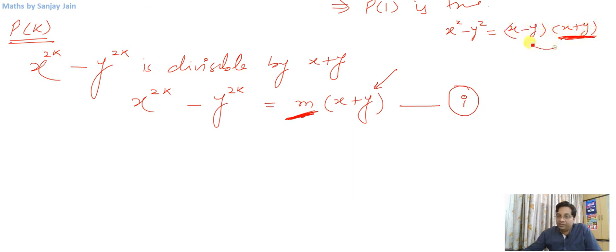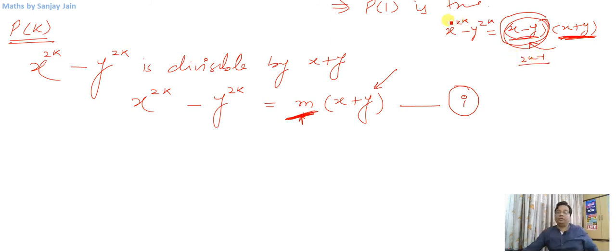And what was this m here? It was another polynomial expression. So if this is x raised to power 2k here, and if it is divisible by some linear polynomial, I'll have here in place of this m some polynomial of 2k minus 1 degree.